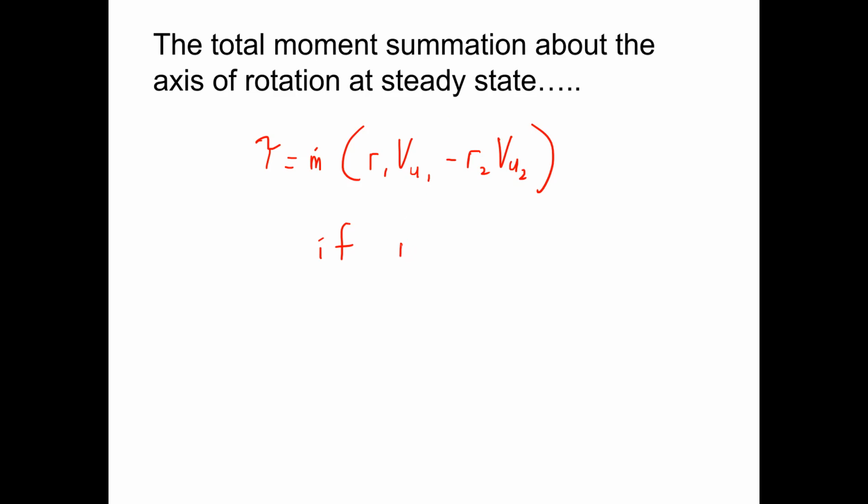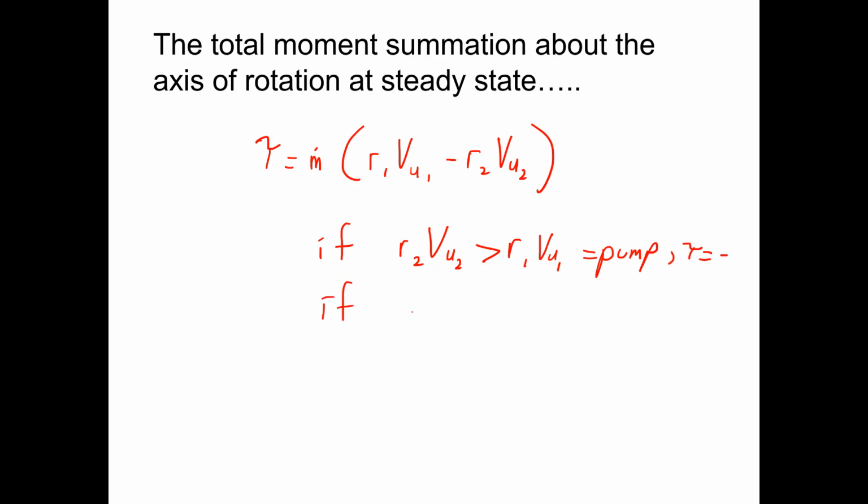So basically, if the product at the exit, R2 VU2, is greater than it at 1, what we have is that the exiting fluid has more energy than the entering fluid. So this is a pump, or basically a negative torque.